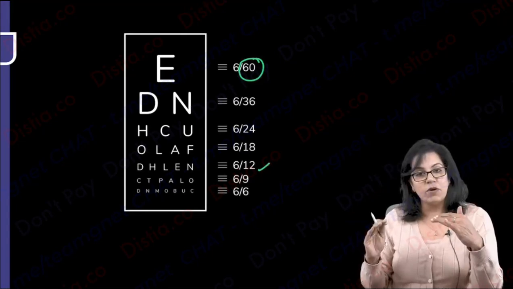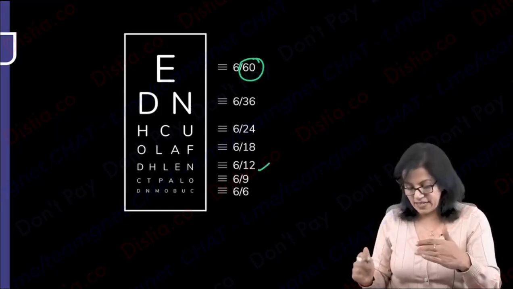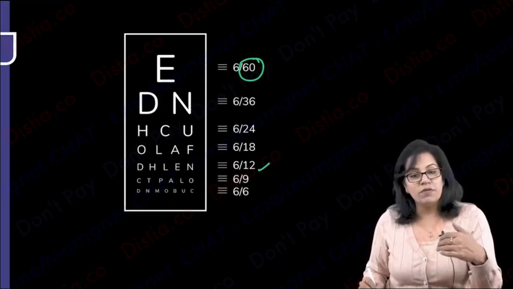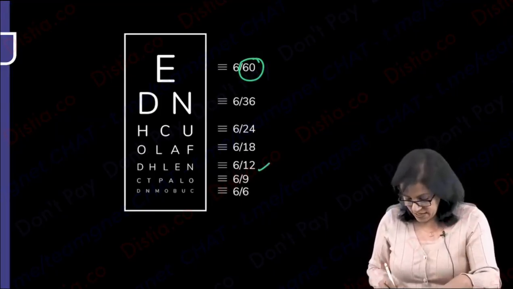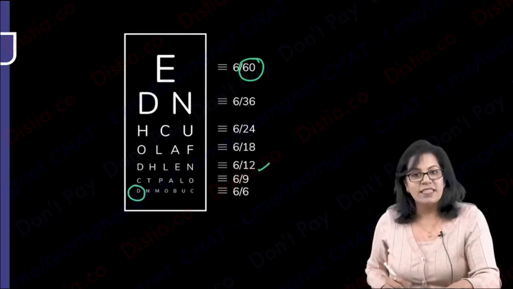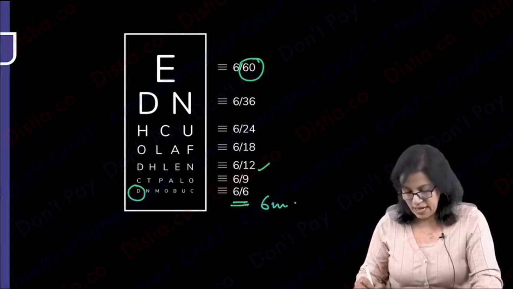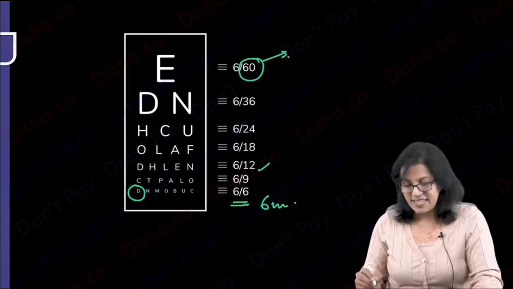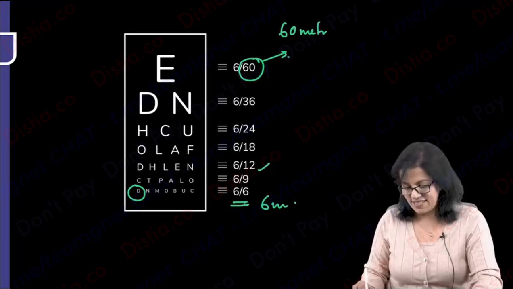So, what did I want to tell you here? That the 5 minute and 1 minute subtense is the same, but the distance is different, which means if I look at this letter D, this will subtend an angle of 5 minutes and the margin 1 minute from 6 meters, whereas an E here is subtending the same angle from 60 meters.